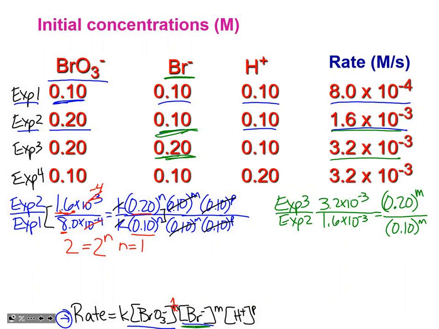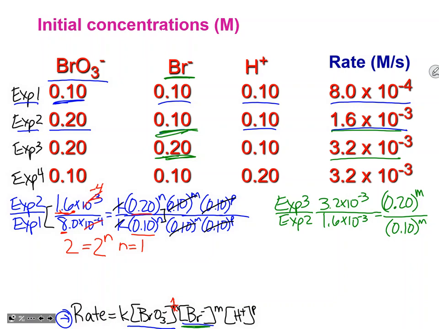So if we look at this math now, this is basically 3.2 times 10 to the minus 3 divided by 1.6 times 10 to the minus 3. What is that going to be? As you can see, they're pretty easy numbers. So that one should be 3.2 divided by 1.6, which is really like 32 divided by 16.